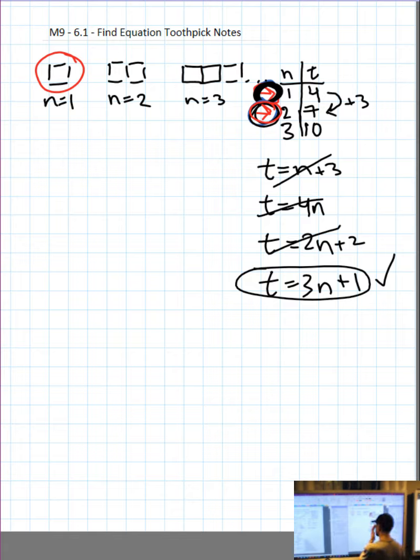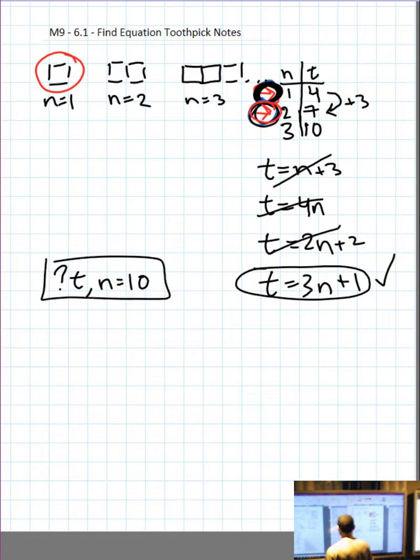That's correct. So now they're going to ask us questions like, how many toothpicks in the 10th diagram? Question mark t, n equals 10. Whenever I'm writing a question from a textbook or a teacher question, I always try and figure out a better way to write it.